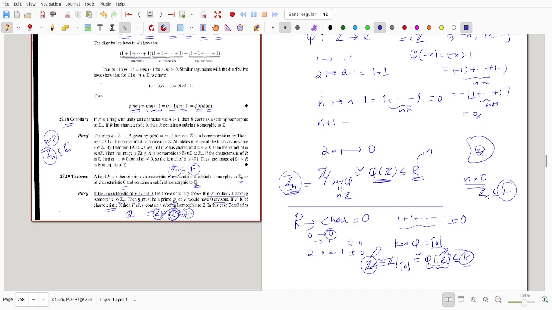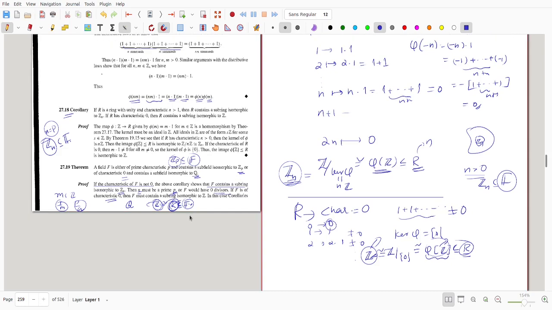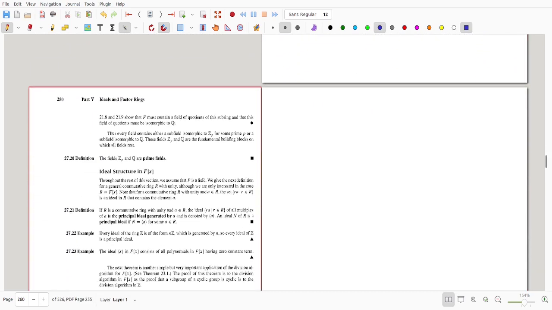If we take any m belonging to Z, then the multiplicative inverse of m is 1 by m. Since all these elements of Z are elements of F, every element of the form 1 by m is also a member of F, because F is a field. Therefore every element of the form p by q is contained in F. That means F should contain Q. Q is called the field of quotients of Z, which is beyond our syllabus, so we need not worry about those things.